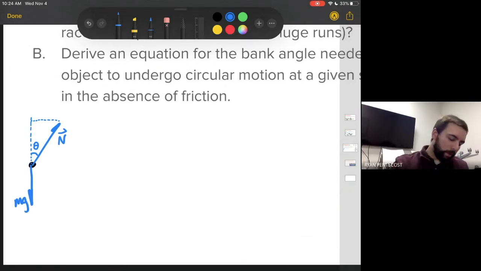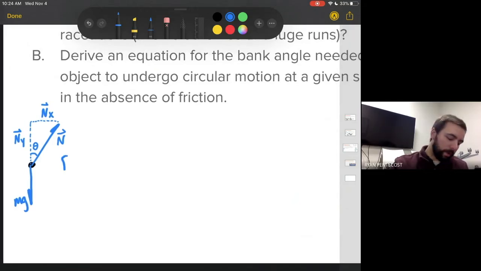So here we have normal force in the x. Here we have normal force in the y. And the only centripetal force that we have going for us is the x component of normal force. So Fc would equal normal force in the x.